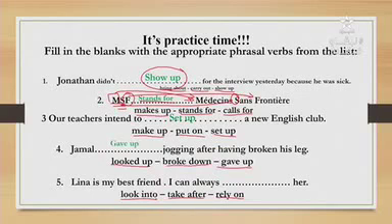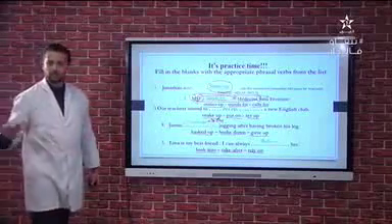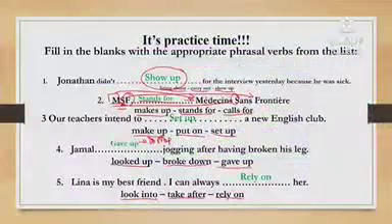And number 4: Jamal gave up jogging after having broken his leg, which means give up here means to stop or not to do something anymore, right? And the last one: Lina is my best friend. I can always, of course, rely on her because she's always there to help me whenever I need her help.